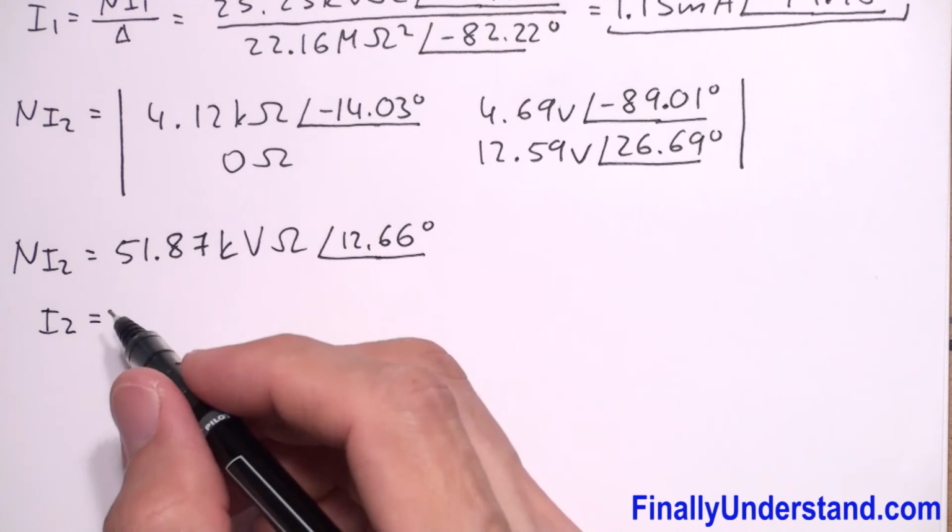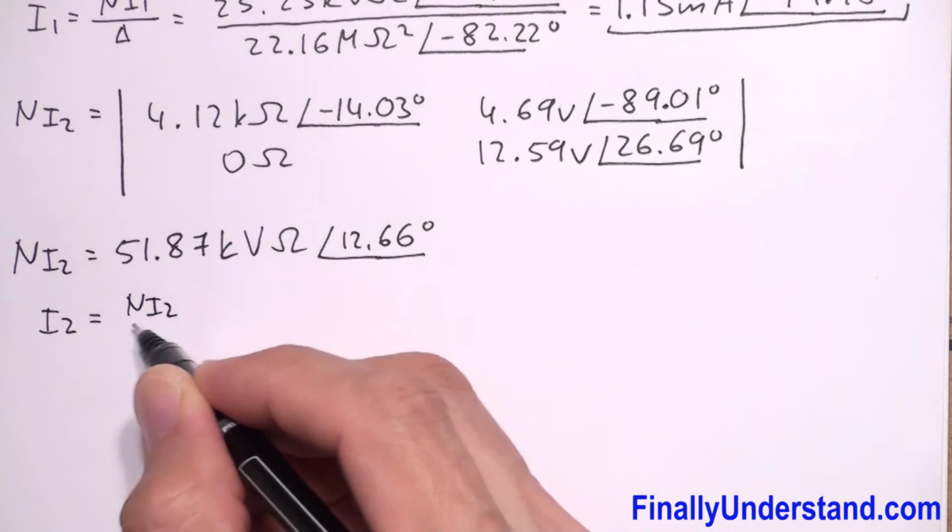So I have I2 equals NI2 divided by delta.